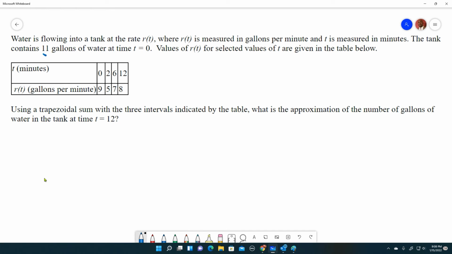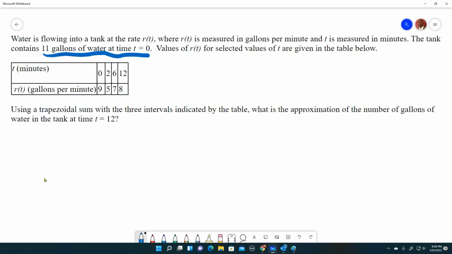It wants us to approximate the number of gallons of water in the tank, not how much water flowed into the tank, which r of t represents. So we have to take into consideration the amount that was already in the tank at time t equals 0. When we find our trapezoidal sum, we're going to add 11 to that number.